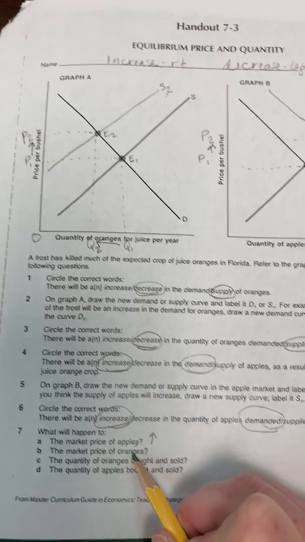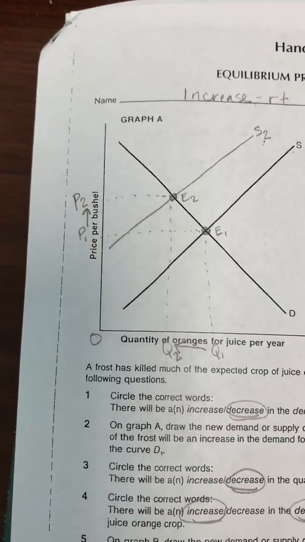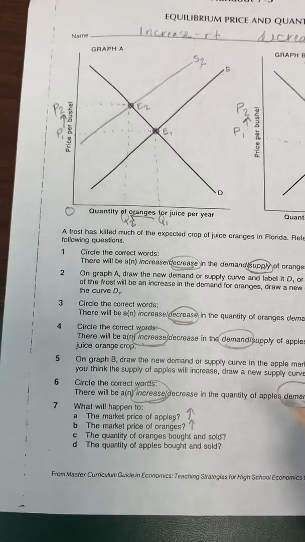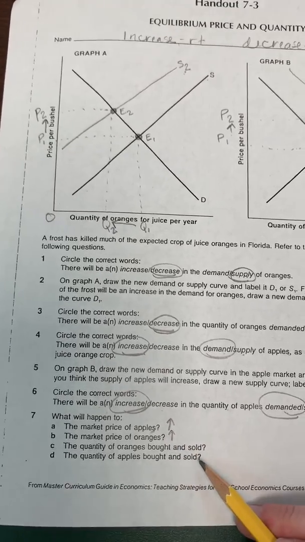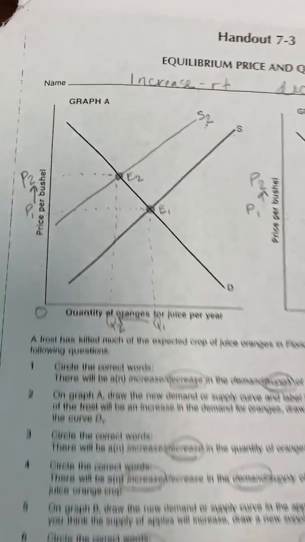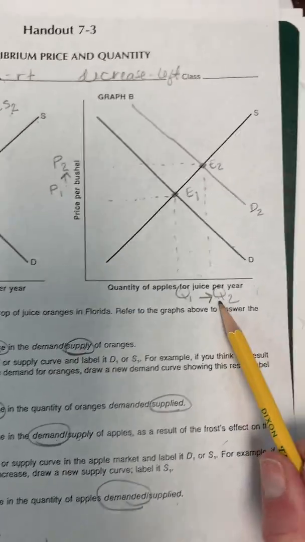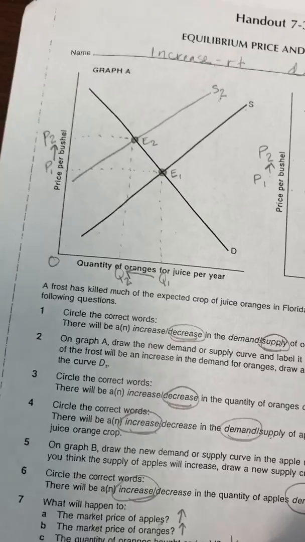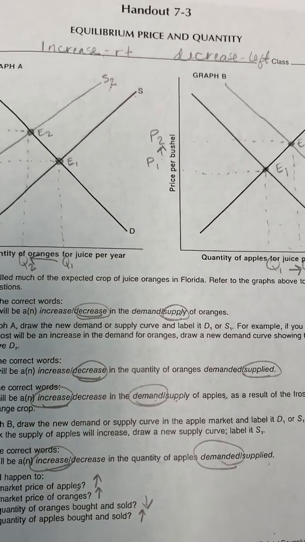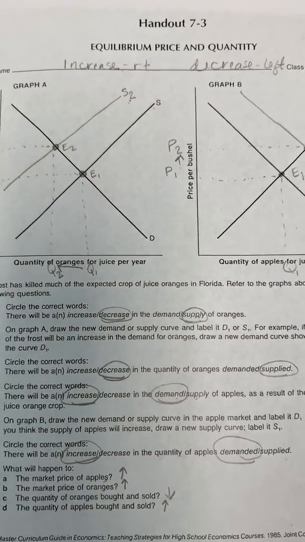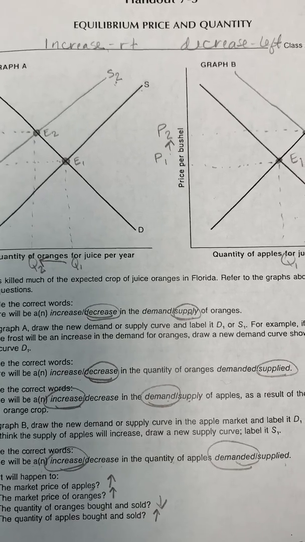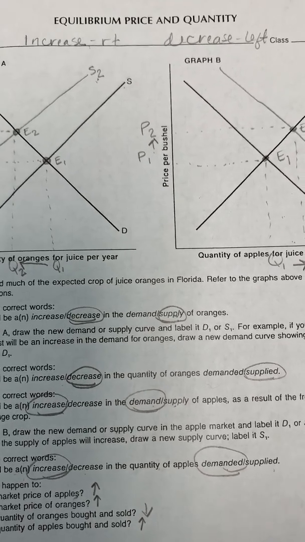The market price of oranges, those went up. The quantity of oranges bought and sold, that went down. And the quantity of apples bought and sold went up. Okie dokie. All right, that's the end of today's, and tomorrow you'll be getting a practice sheet on your own.